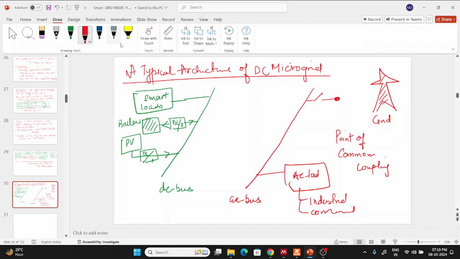Okay, this is connected like this. Then here comes the another switch. So this is switch 2. This is switch 1. Okay, which is connected through an inductor.